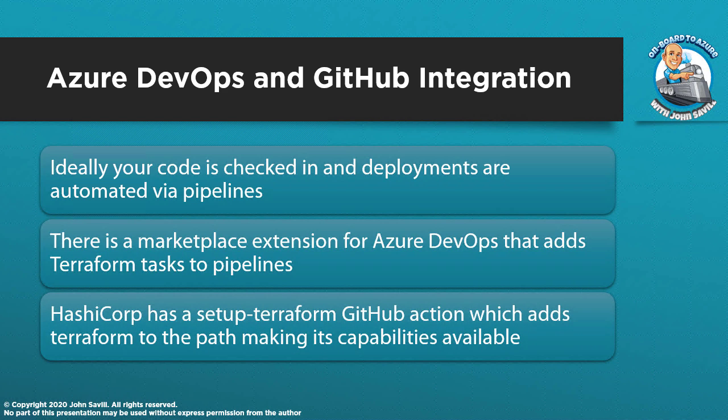And there is also a HashiCorp setup Terraform GitHub action. What that does is it actually adds Terraform to the path of GitHub actions. So then all of the regular commands I can trigger as part of a GitHub actions pipeline. So I can do the apply, init, plan, etc. So it's very easy to integrate Terraform with your pipelines.